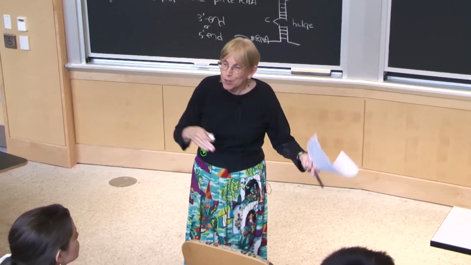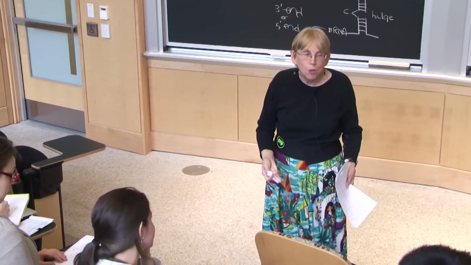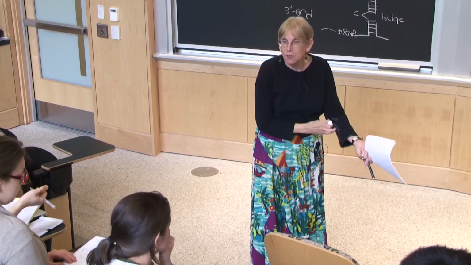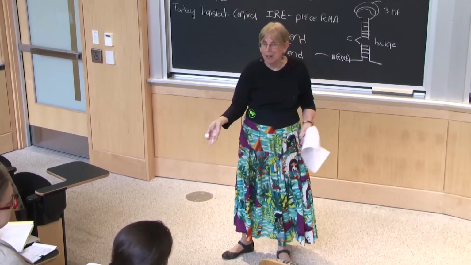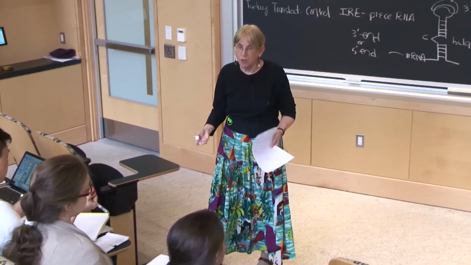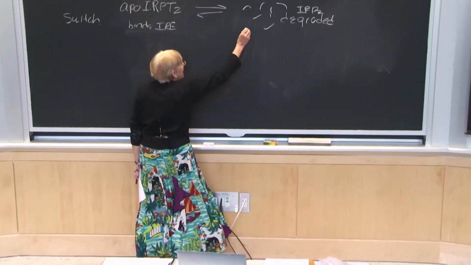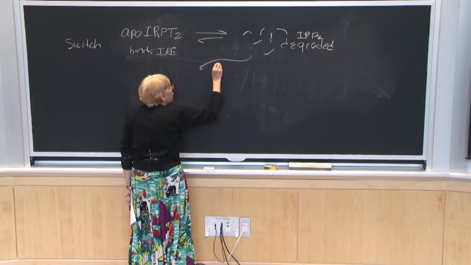Okay, so that takes you back a step further. How do you target IRP2 for degradation? This goes back to one of the reasons that I spent some time talking about degradation in mammalian systems. And how does this relate to iron sensing?